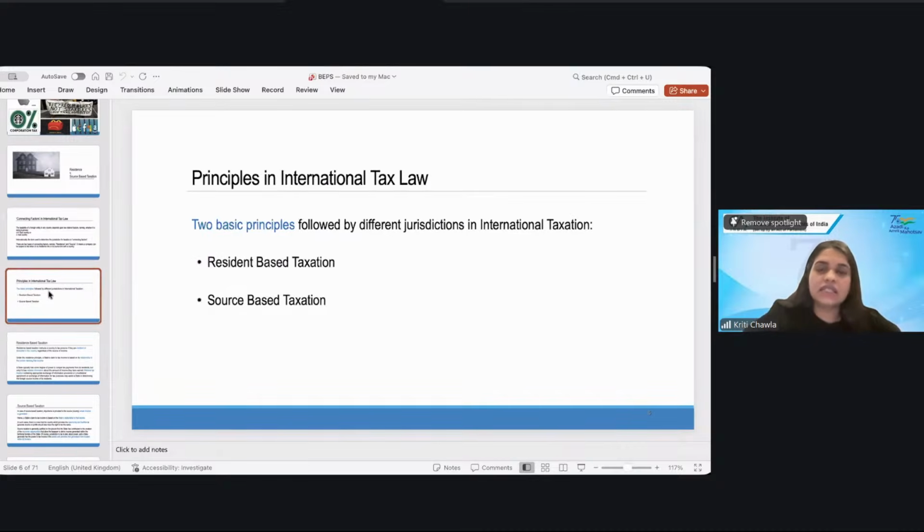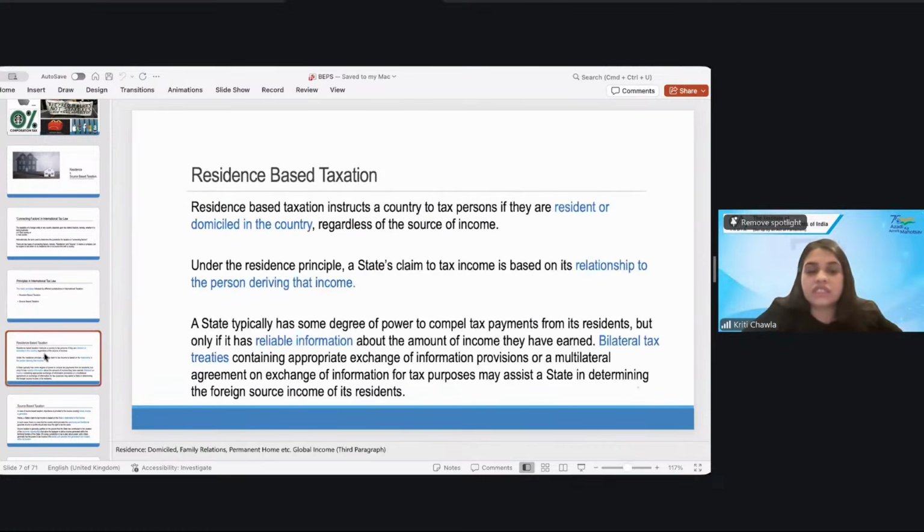This is the reason there are two basic principles followed by different jurisdictions in international taxation. These are called residence-based taxation, and source-based taxation. Now, what is this residence and source-based taxation? Well, we look first at residence-based taxation.